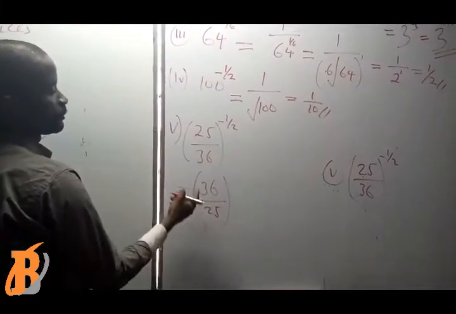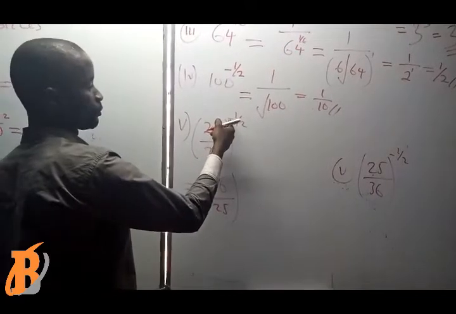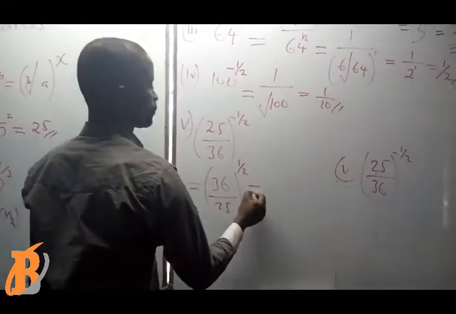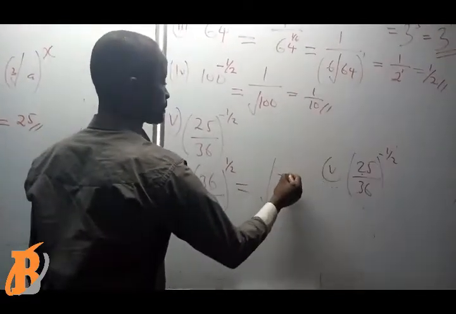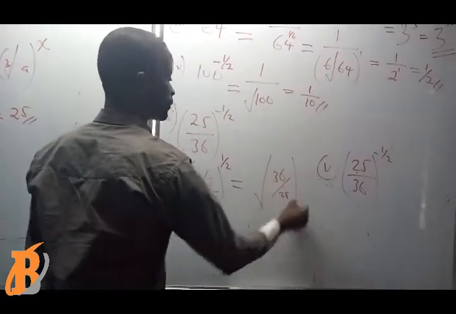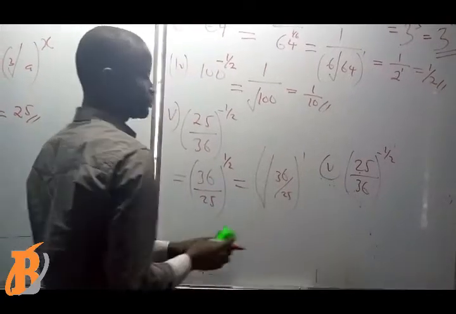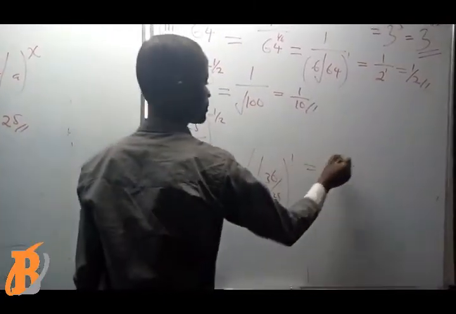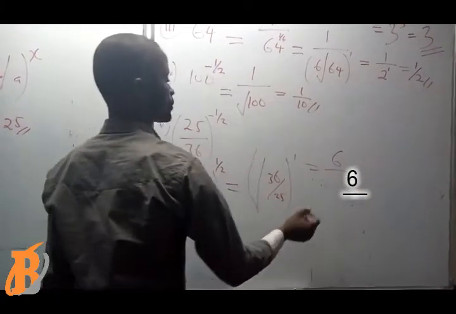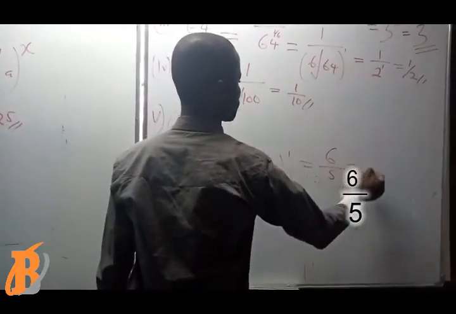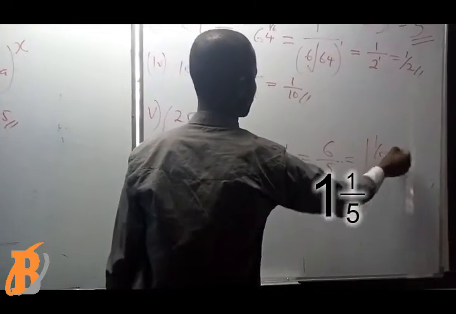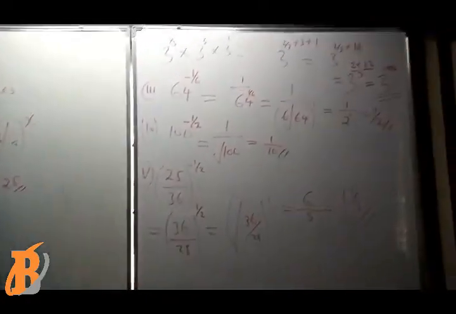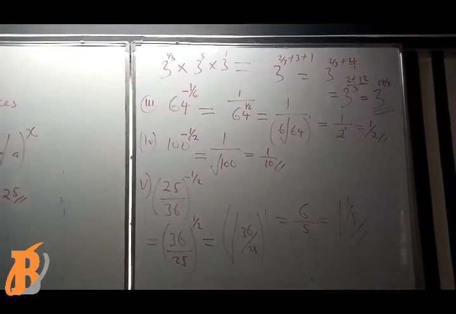Now when you change the values, the sign turns to positive, so that's 1 over 2. Applying your principle, the square root of 36 is 6 and the square root of 25 is 5, which is equal to 6 over 5. That's the best concept to solve indices.